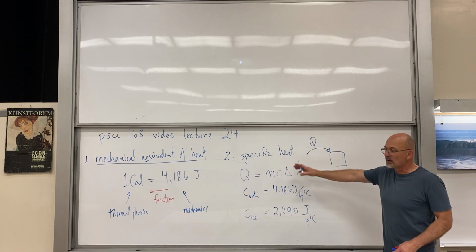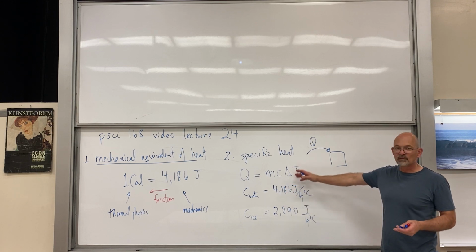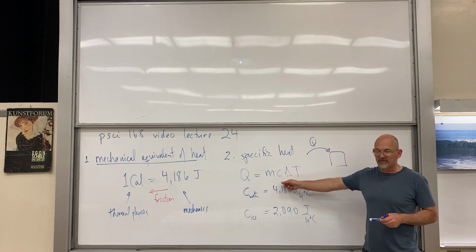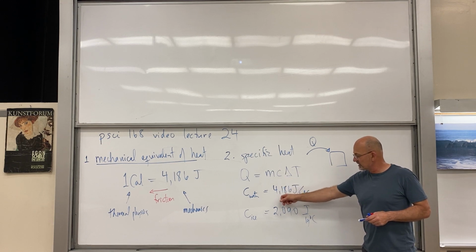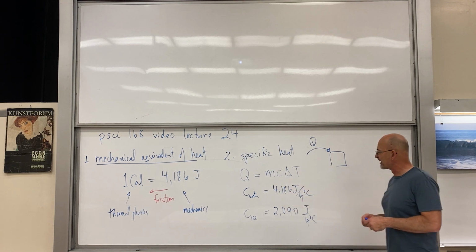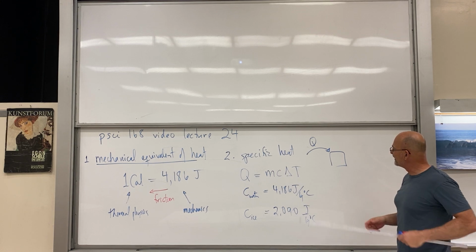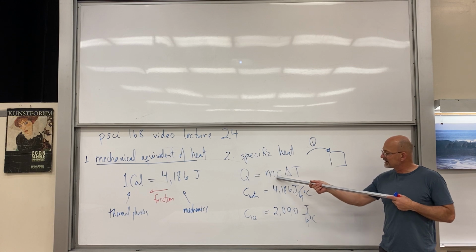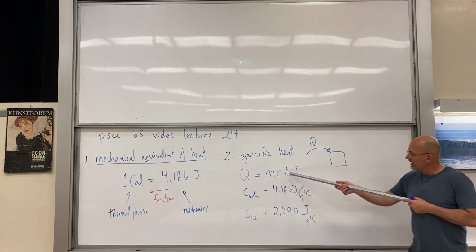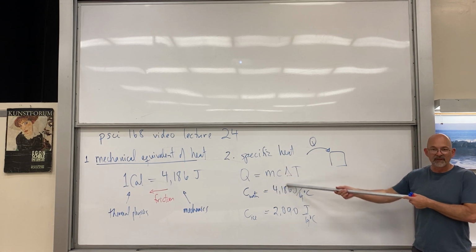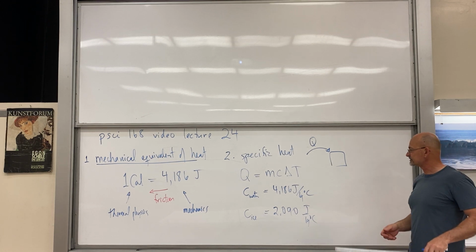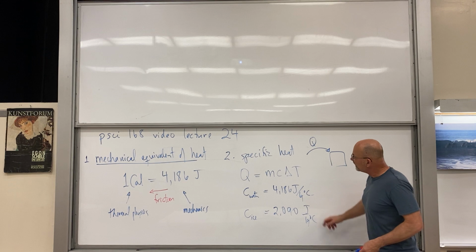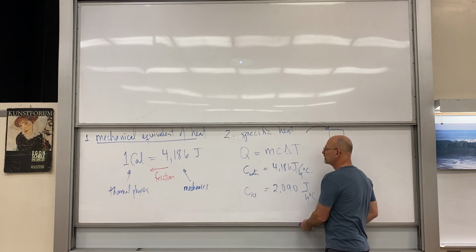You guys were going to look up a half dozen more of these, just to get an idea. Turns out water is at the very top of the list for specific heat capacity, which means that this mass, if it's water, can soak up a lot of heat, Q, without changing temperature that much. Okay, good. We're going to use these.